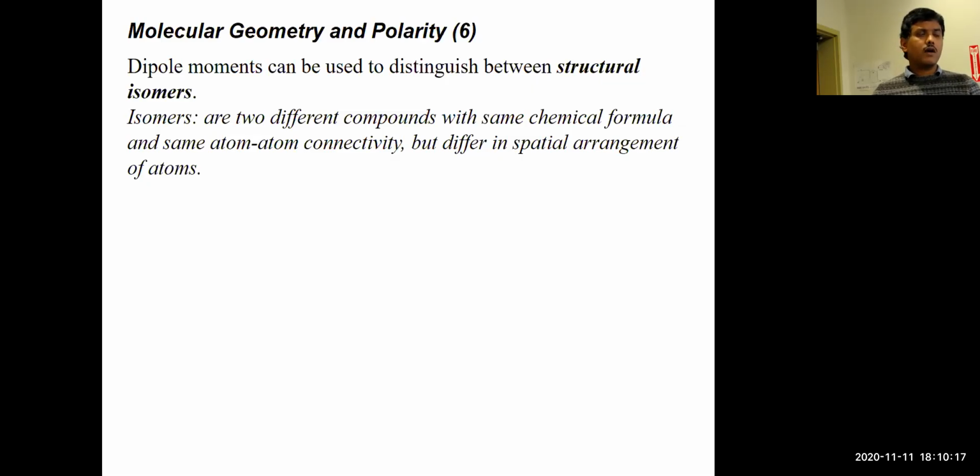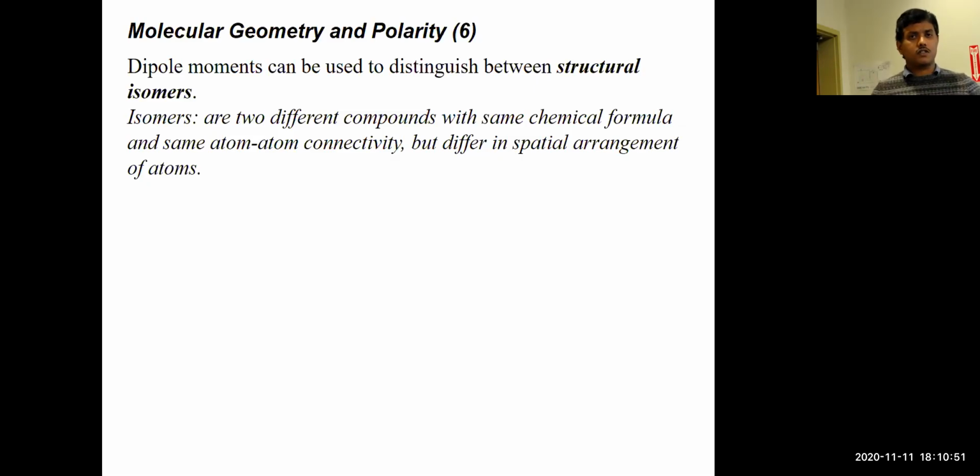Structural isomers, we don't have to learn a whole lot about them in general chemistry, but in future organic chemistry, they are going to be one of the major topics that you will learn. So that's why I just included the definition here. Isomers are two different compounds, but with the same chemical formula and the same atom-atom connectivity. Everything looks the same for them except how they are arranged in molecular geometry. One is arranged differently from another, but with the same atom-atom connectivity.